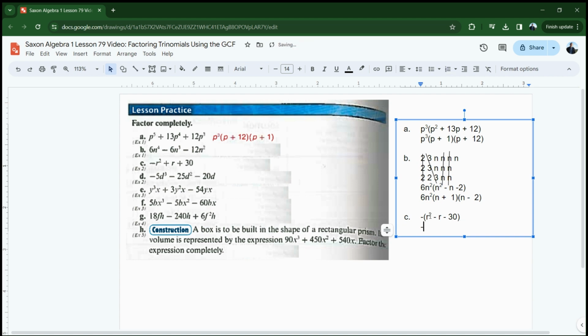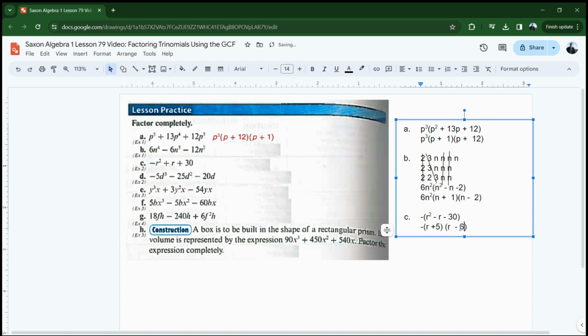So now that negative is just going to come along for the ride. It's going to be r plus something, r minus something, okay. And now plus what, minus what? Well, let's see. Factors of 6 that add up to negative 1 when we add one and subtract the other. This is going to be r plus 5, r minus 6.